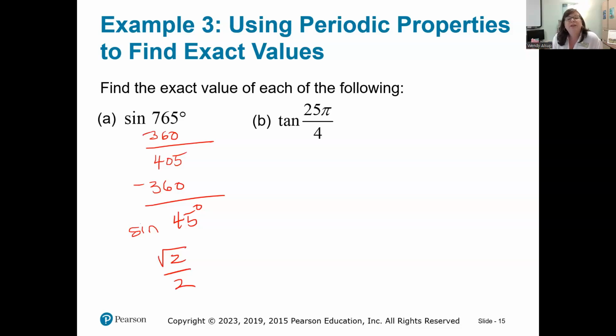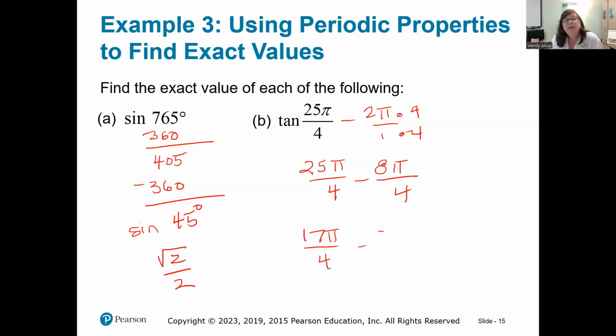How about the tangent of 25 pi over 4? Well, I'm in radian mode, so now I need to subtract off 2 pi's, but I need to get a common denominator. So this is 25 pi over 4 minus, with a common denominator of 4, multiplying the top and the bottom by 4, 8 pi over 4. So 25 pi over 4 minus 8 pi over 4 is 17 pi over 4. But I could subtract another 8 pi over 4. That would be 9 pi over 4.